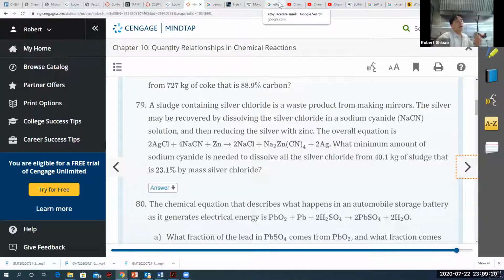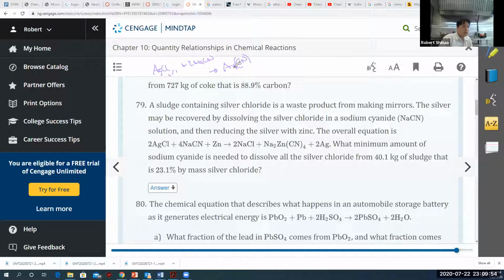When we dissolve the silver chloride in sodium cyanide, that's what we call a Lewis acid base reaction. And so I'd like to break it up into steps. Now the first step: silver chloride is insoluble in water, so it's a solid. But we could get it to dissolve by adding 2 sodium cyanides for every silver. And this forms this thing called dicyanido silver ion.